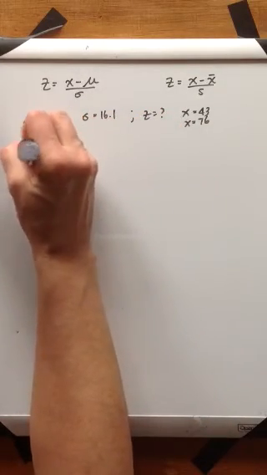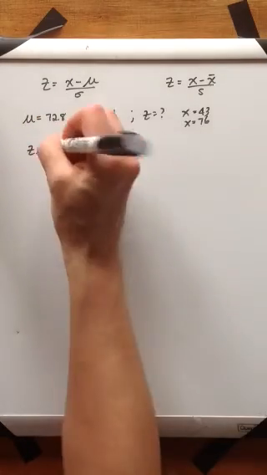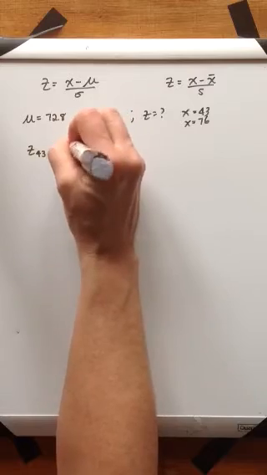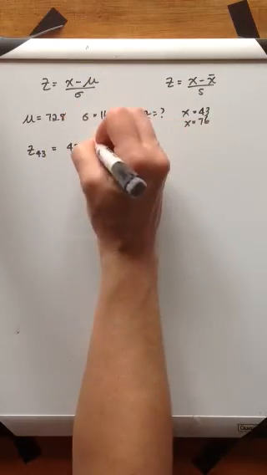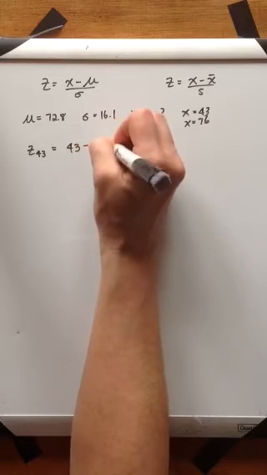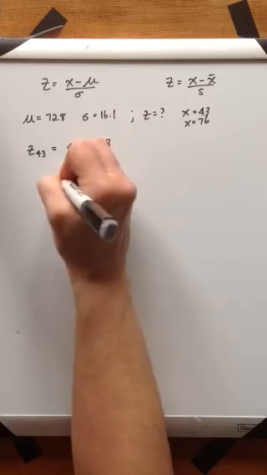So in the first scenario, the z-score for when the data point has a value of 43 is just equal to 43 minus the mean, 72.8, divided by the standard deviation, which is 16.1.